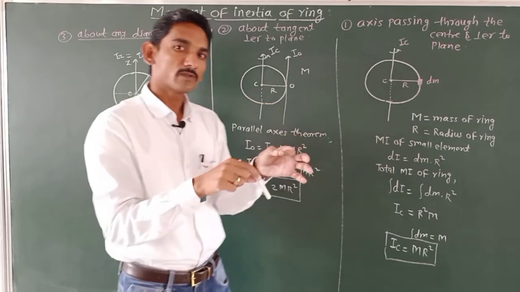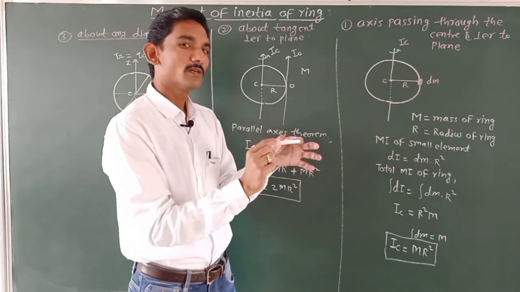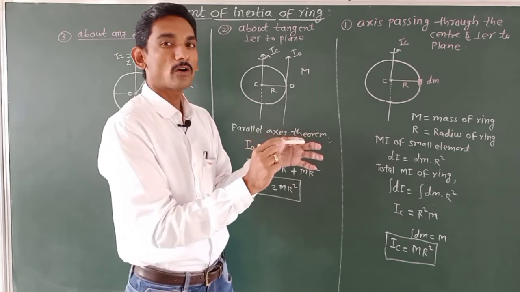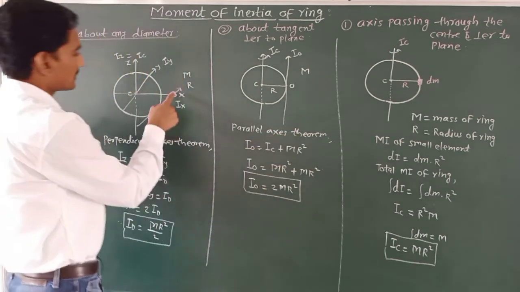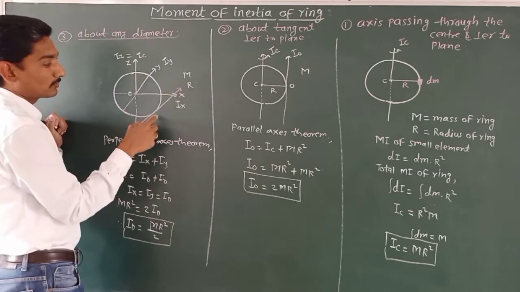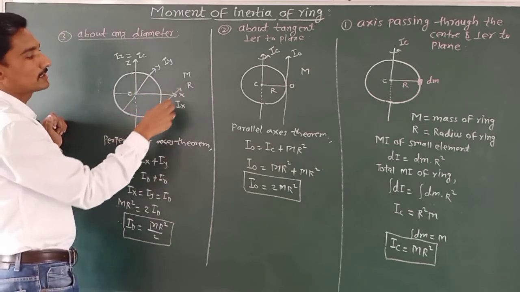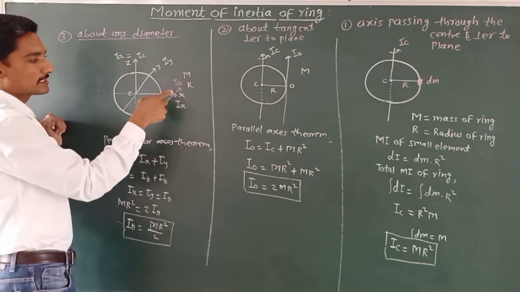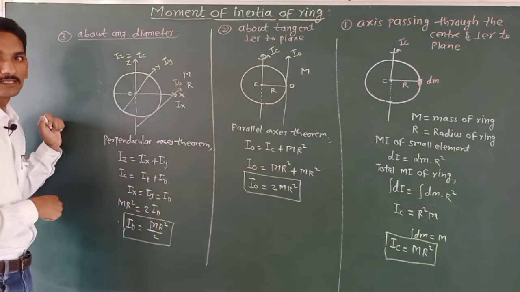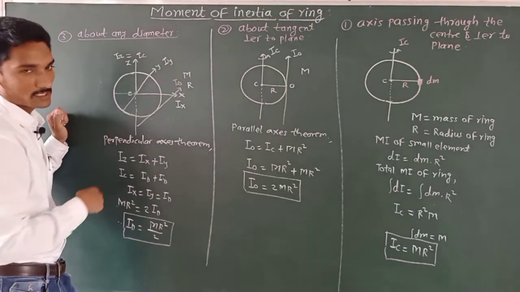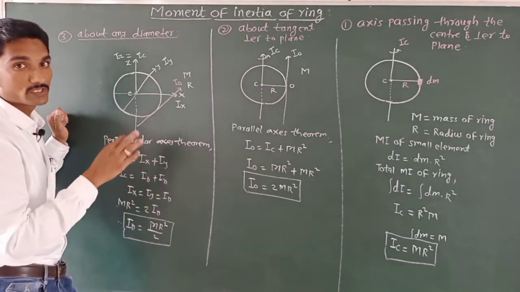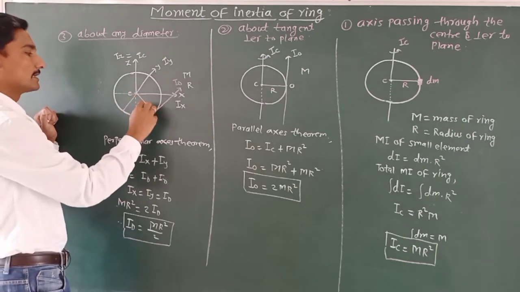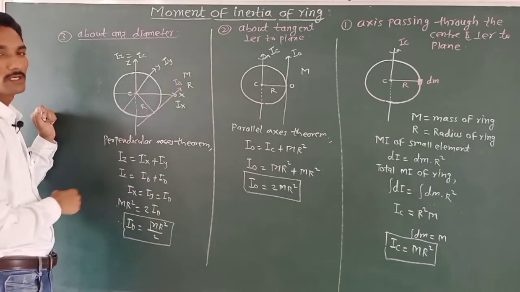But now we are going to consider the tangent in the plane of the figure, or we can say that it is in the plane of the ring. Suppose this is the axis. Now we have to determine the moment of inertia of this ring about this axis. Suppose IO is the moment of inertia of this ring about the axis passing through the tangent which is in the plane of the ring, and capital R is the distance between these two axes.